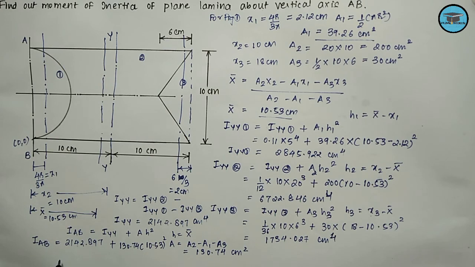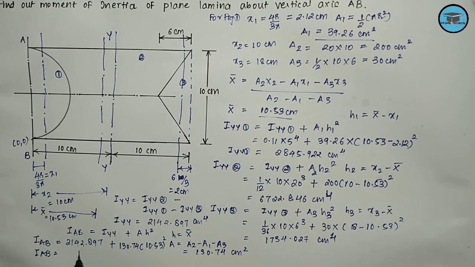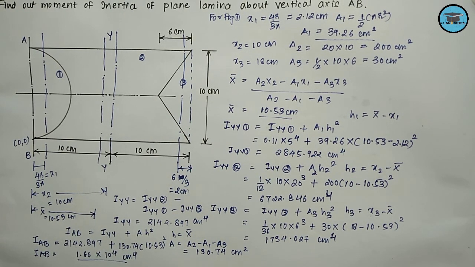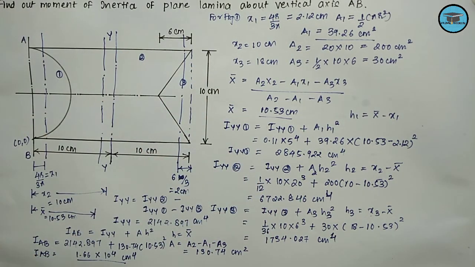So we will be getting the value of IAB as 1.66 into 10 raised to 4 centimeter raised to 4, okay. So we have obtained the value of the moment of inertia of this plane lamina about this axis AB as 1.66 into 10 raised to 4 centimeter raised to 4.